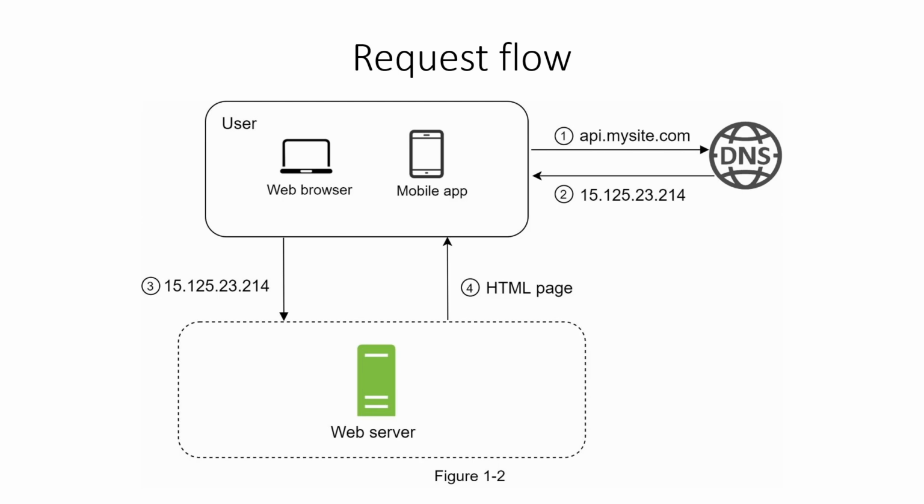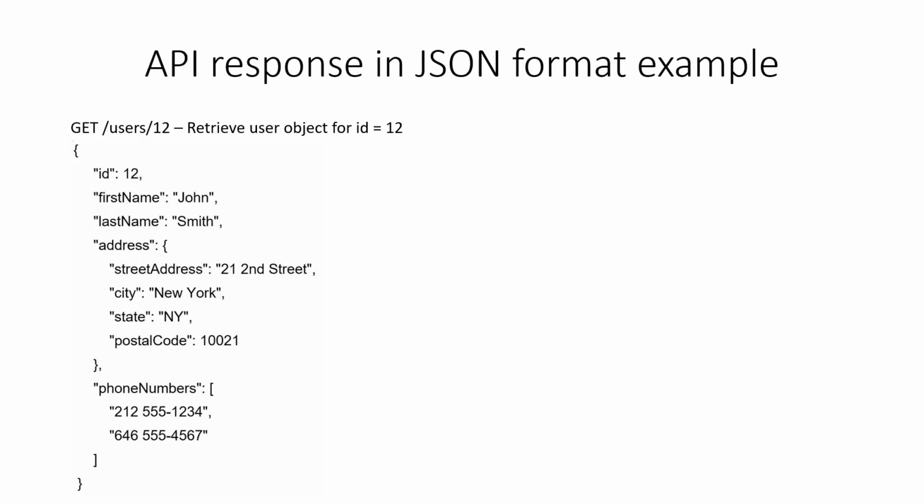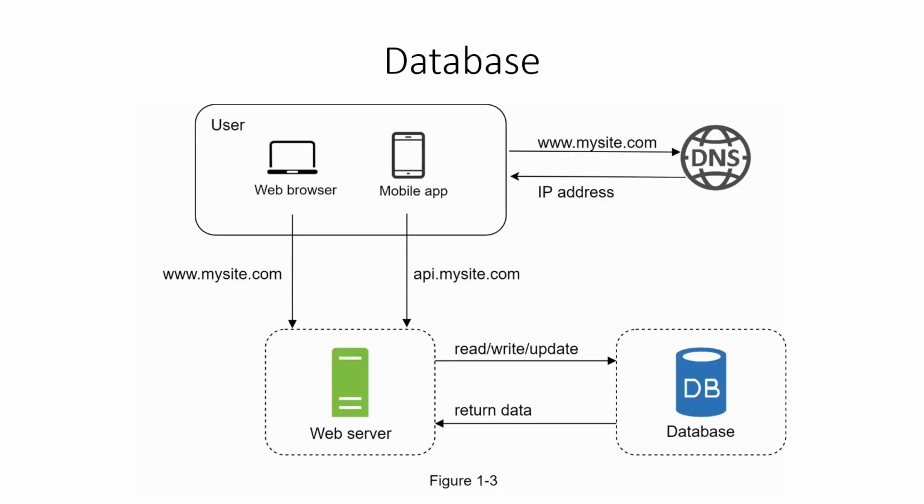JavaScript Object Notation, or JSON, is commonly used as the API response format to transfer data due to its simplicity. Here we can see an example of an API response in JSON format. A GET request to endpoint users/12 retrieves the user object for ID equal to 12.